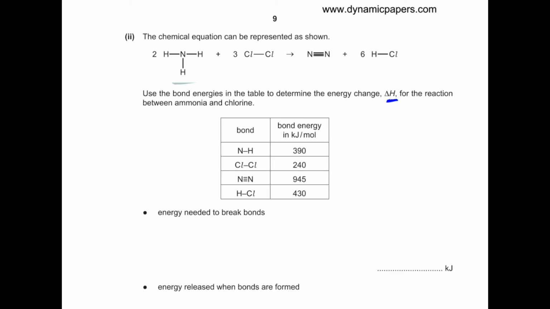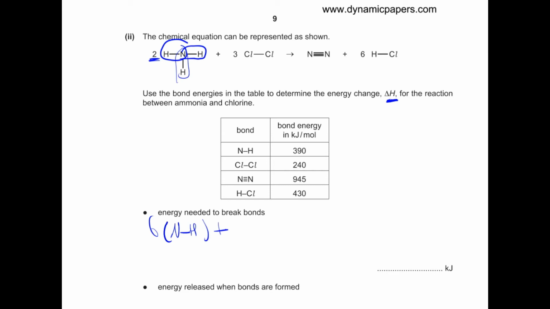So we have 1, 2, 3 of the NH3 bonds. So we're gonna say that we have 3 NH bonds, but we have 2 over here, so 2 multiplied by 3 is 6. And we're gonna add this to 3 Cl molecules.